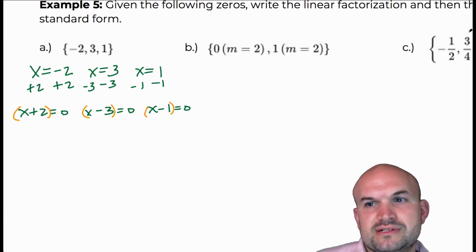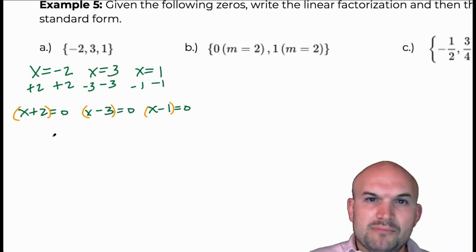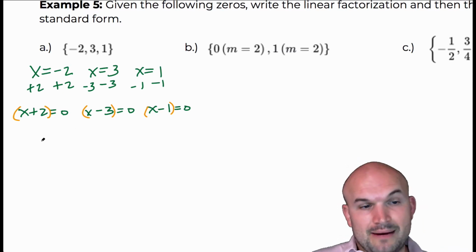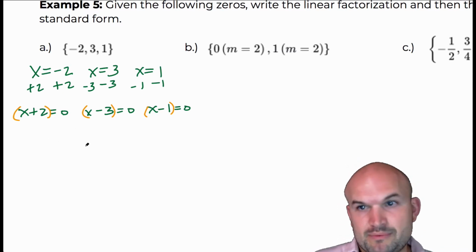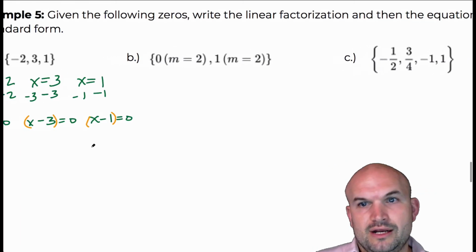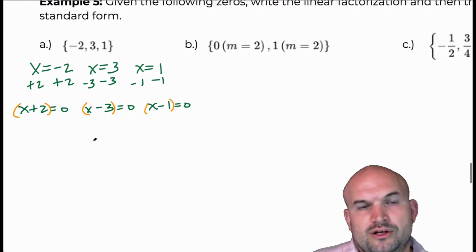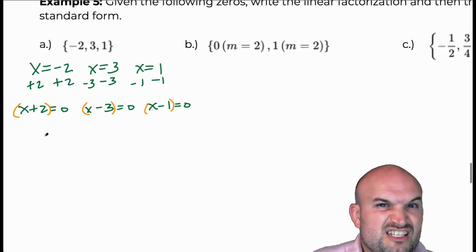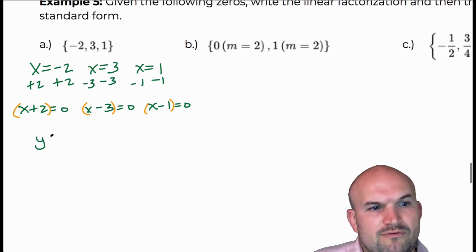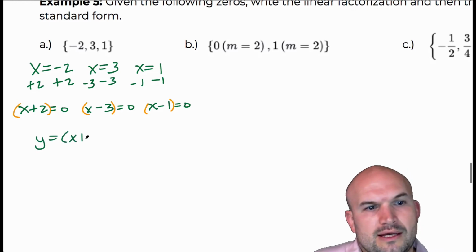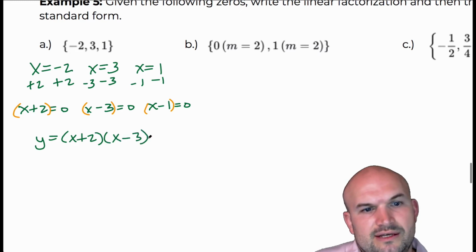So what I'm going to do is take these factors and multiply them. And when I multiply them, I'm going to get the equation of the polynomial that I'm looking for, or it could be the function of the polynomial, whatever the notation that you're being asked. In this case, let's do an equation. So I'd have y equals x plus 2 times x minus 3 times x minus 1.